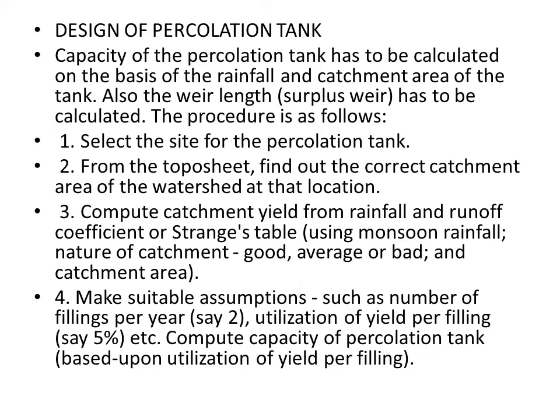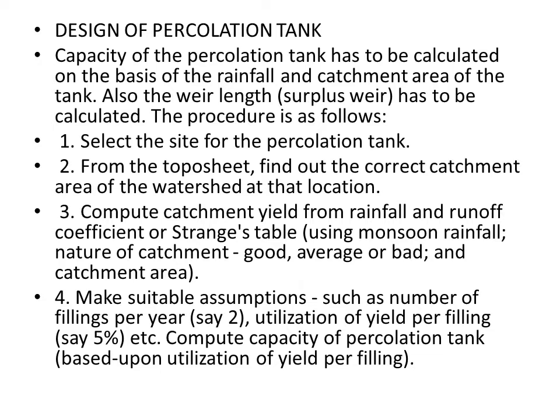So you identify the location of your percolation tank, and from the topo sheets arrive at the catchment area of that particular watershed. Compute the catchment yield from rainfall and runoff coefficient or Strange's table. So you can calculate the catchment yield using the runoff coefficient from the available tables.